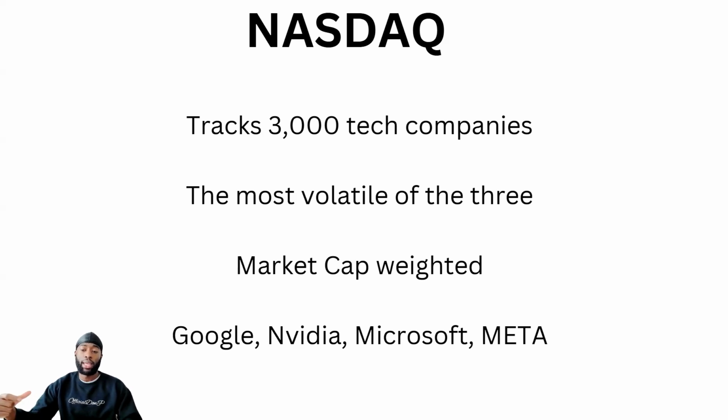So when you see that Apple just became a $1 trillion company, Microsoft is a $1 trillion company, Amazon just crossed the $2.5 trillion market cap. When those companies' market caps increase, that's what moves the Nasdaq. If they decrease in market cap, then the Nasdaq will go down.